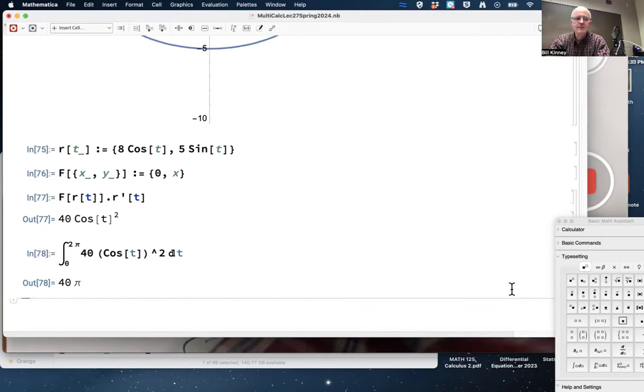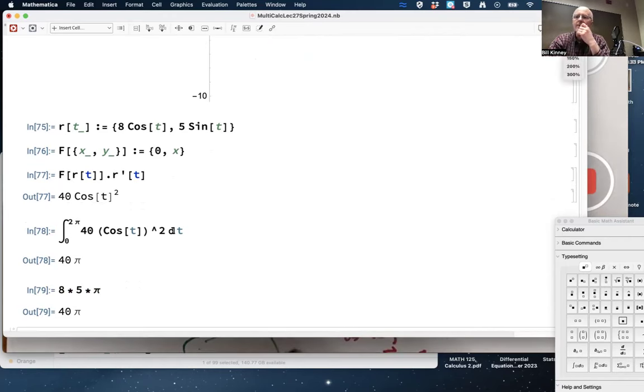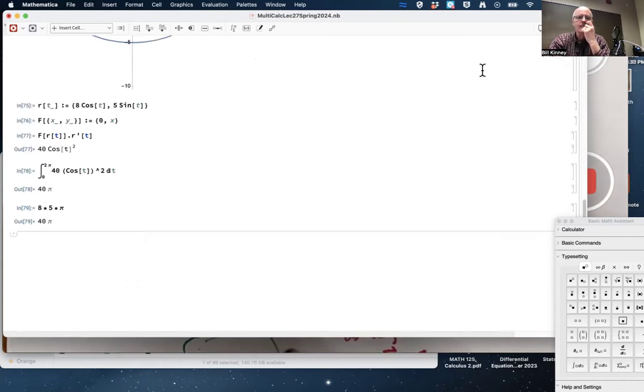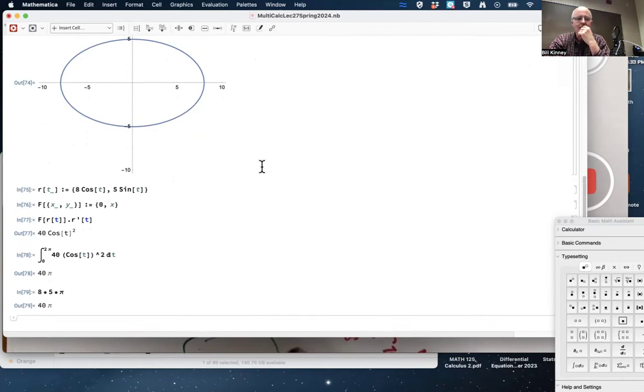And notice the area of the ellipse is the same as 8 times 5 times pi, where 8 and 5 come from the x and y intercepts. Okay. Doing the line integral is quicker than doing the double integral.